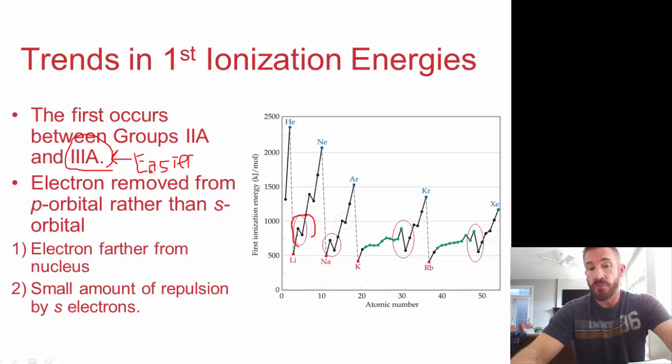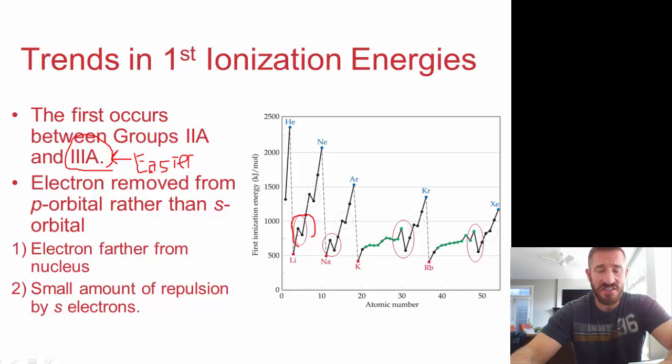There's also a little bit of repulsion or shielding from those s electrons in the level before. So that's true for boron, aluminum, gallium. Generally following the trend, we'd expect the ionization energy to be higher for 3A, but it's a little bit easier because it's the first electron in that p orbital, it's further from the nucleus, and there's a little bit of repulsion from that doubly paired s orbital right before it.